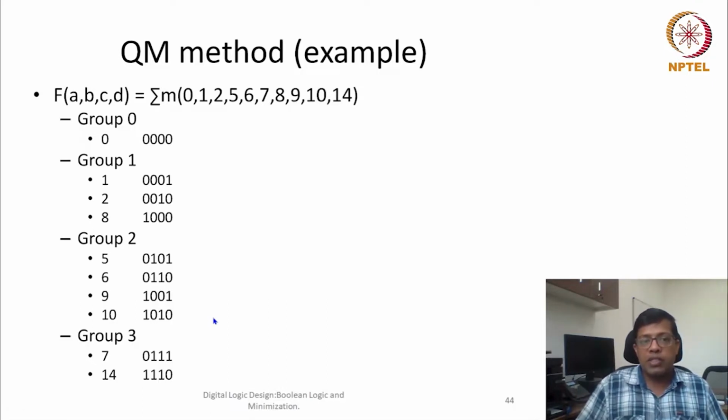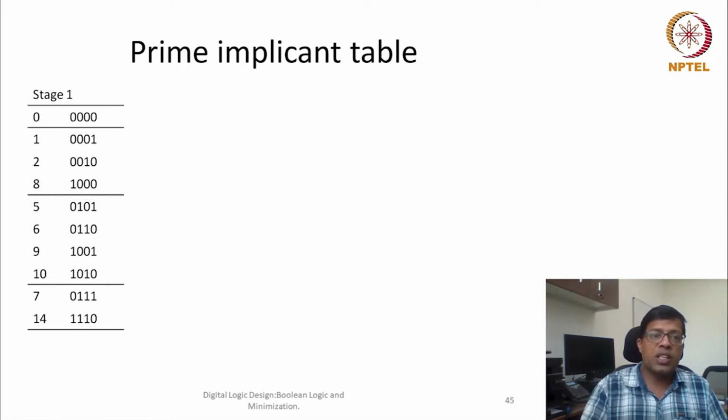Let us see it in more detail in this particular example. First, in stage 1 we will write all the min terms, separated into group 0, group 1, group 2 and group 3. We are not explicitly writing group 0, 1, 2, 3; it's there in our mind, and these horizontal lines help us separate the boundary between group 0 and group 1, and between group 1 and group 2.